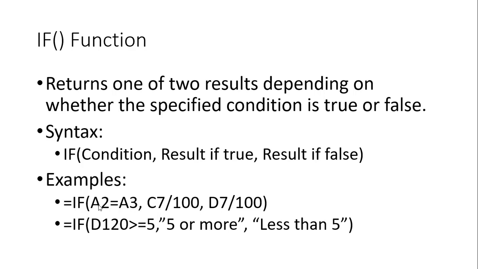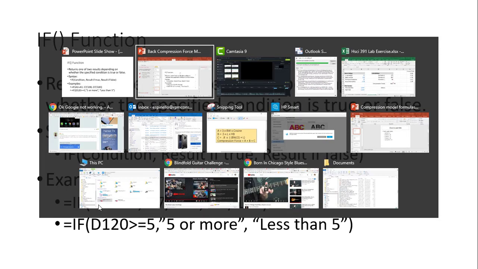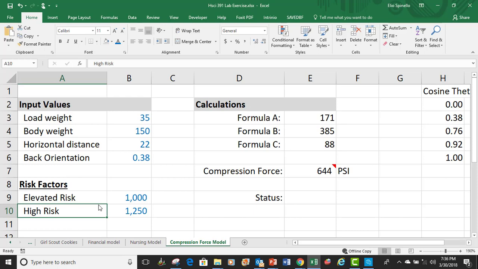Okay, so 3 arguments: the condition, the result to return to the cell if the condition is true, and finally, the result to return to the cell if the condition is false. Okay. With that, we'll go ahead and set up our function here within our formula, within our spreadsheet.